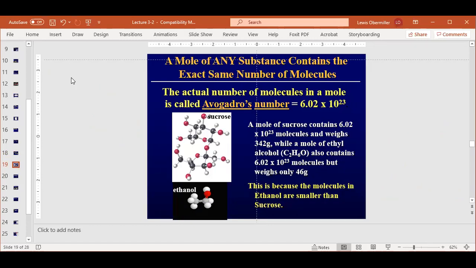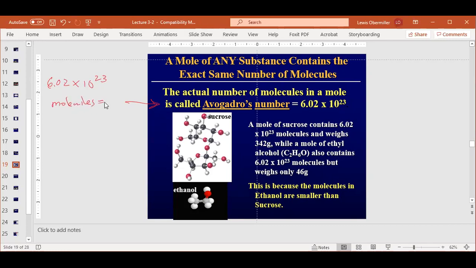So there's no magic trick involved, like just erasing Daltons and putting grams in its place. So Avogadro did the math on it, and he found out that there's 6.02 times 10 to the 23rd molecules in 1 mole.